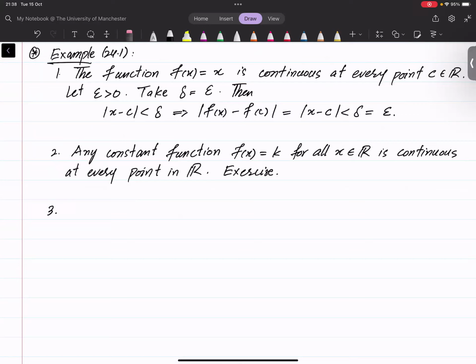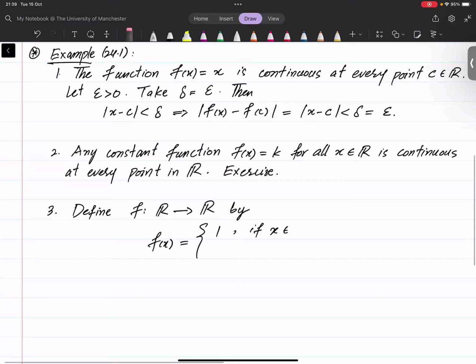Show it. Let's define a function f from R to R by f of x is 1 if x is in the rational numbers, and 0 if x is not in the rational numbers.